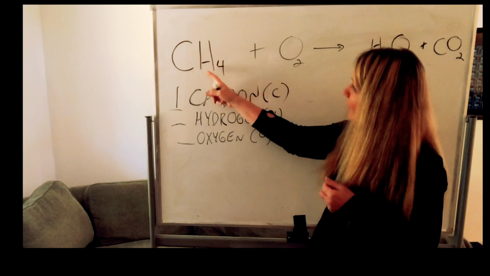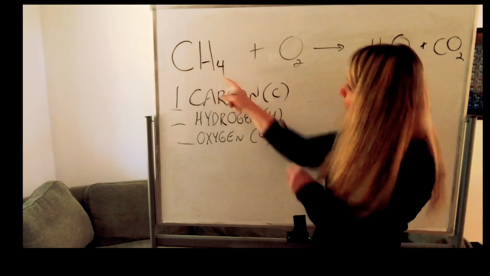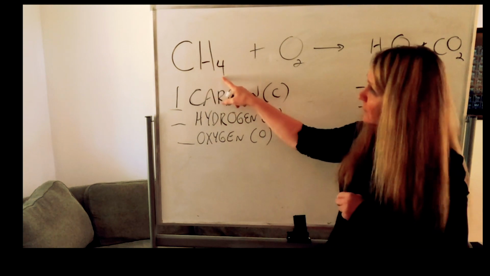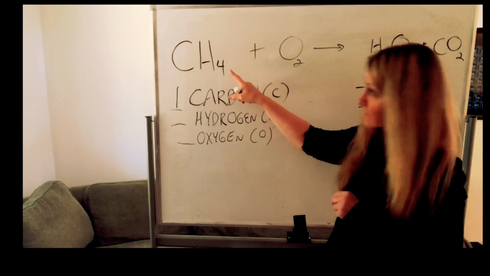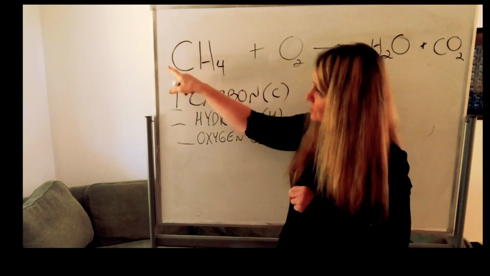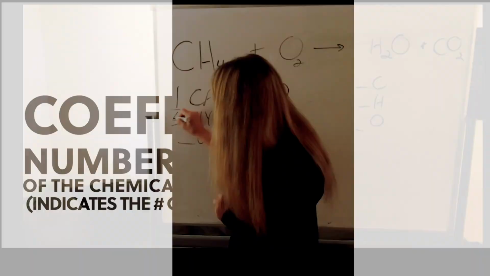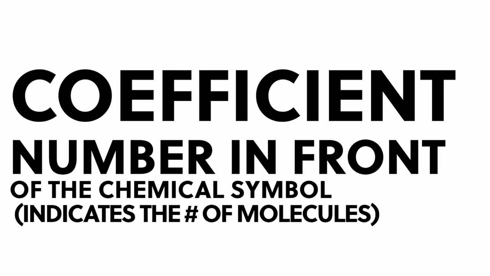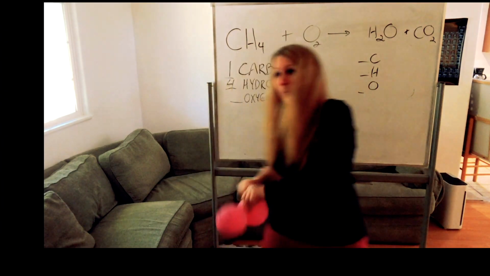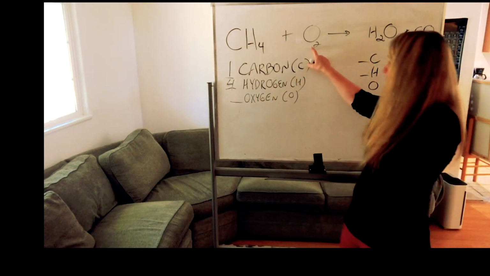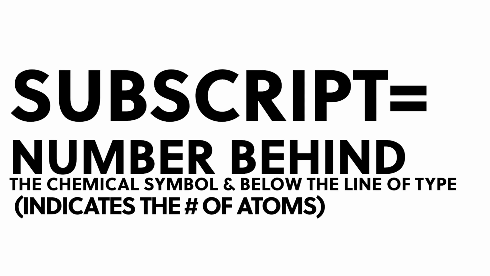So now we're going to look at hydrogen. Now we're looking at both reactants. Here we have hydrogen. The subscript is 4. So we're going to take 4 times 1. It's 4 hydrogens. Over here now, O2. You can't change the subscript because these are chemically bonded together.